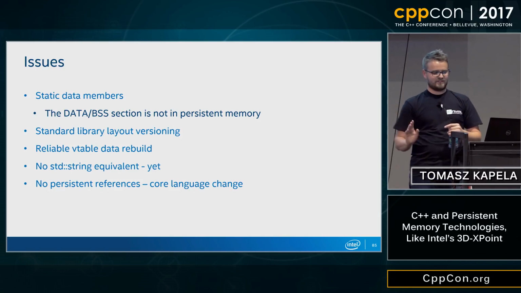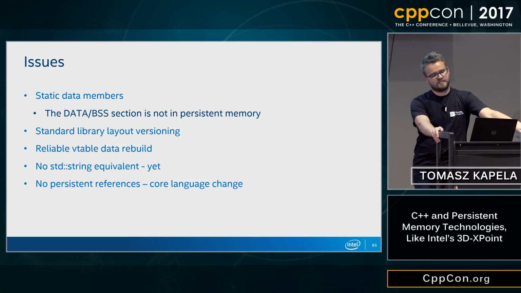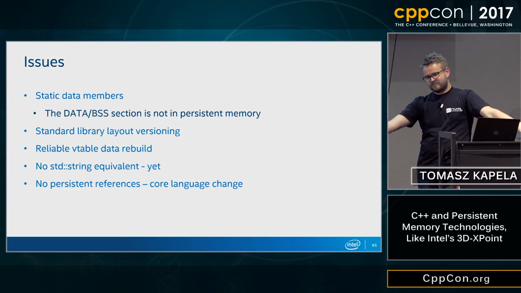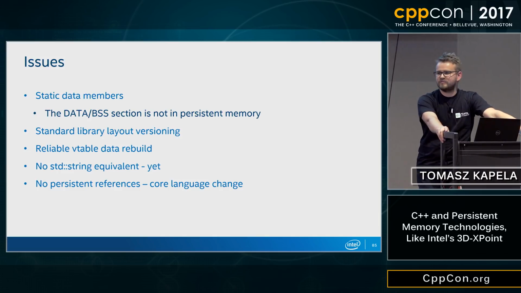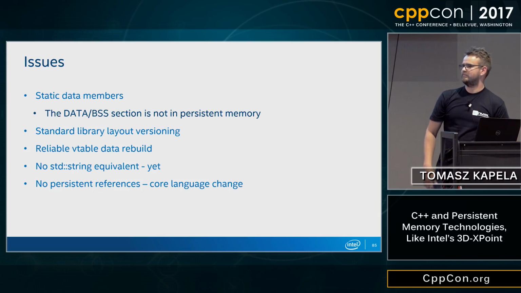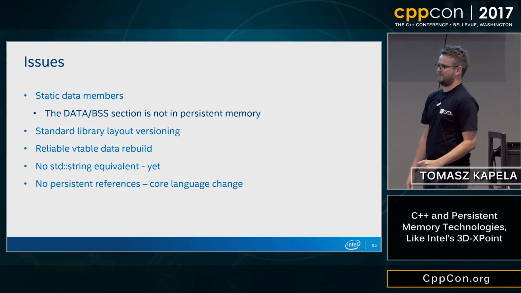I'm gonna leave the versioning till the end. I already mentioned the vtables, so we don't support polymorphic types. We have no std string because the standard explicitly says that the type of the character held by the std basic string has to be a basic type. So a P template doesn't really cut it. It's not a basic type.